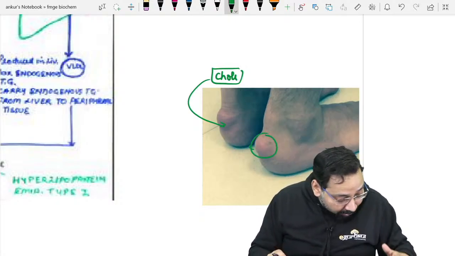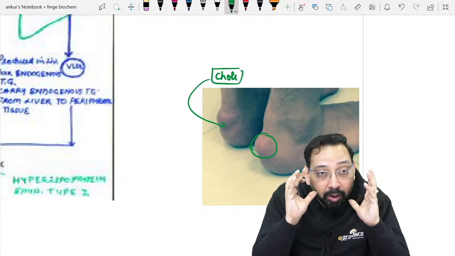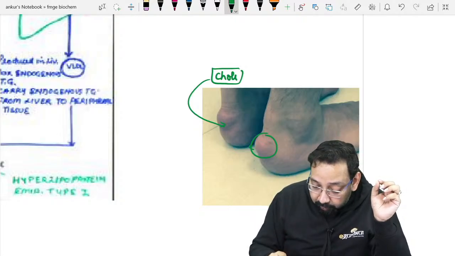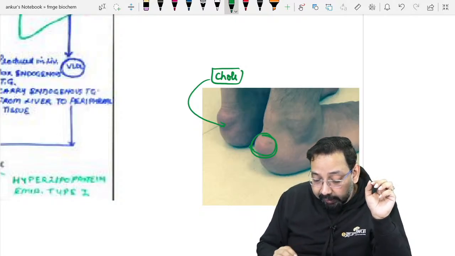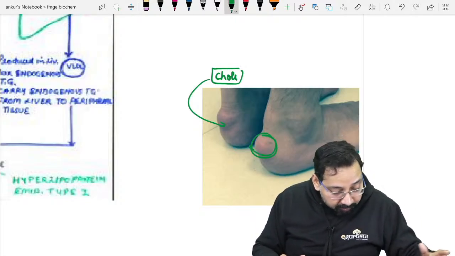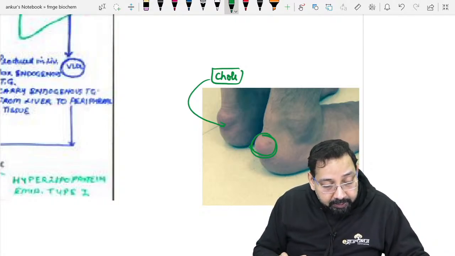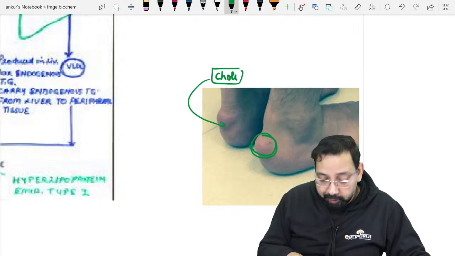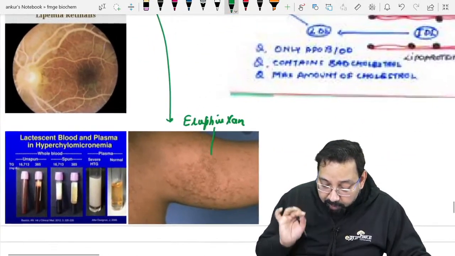So even if you have an image of a particular compound, you find so many correlations. If I ask you which lipid is increased in this patient, please tell me. Cholesterol? Yes, eruptive xanthoma.